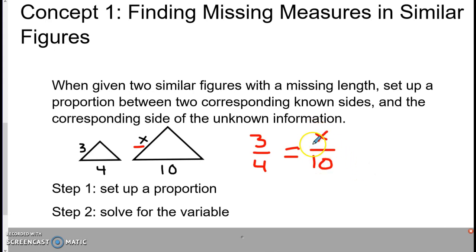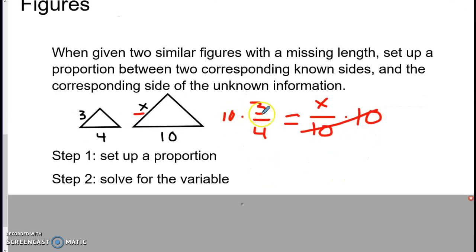Now, because we have our variable here, instead of cross multiplying, we simply multiply this side by 10 and this side by 10, and then cancel that, and we have our answer.